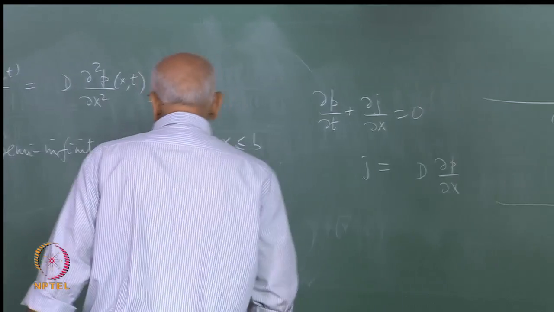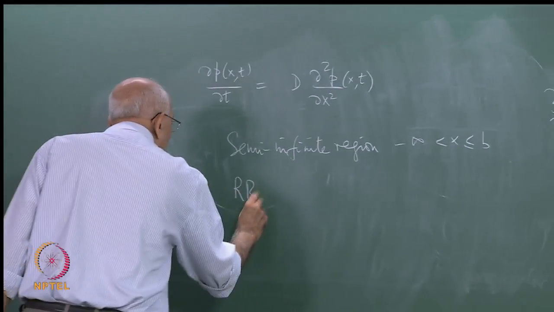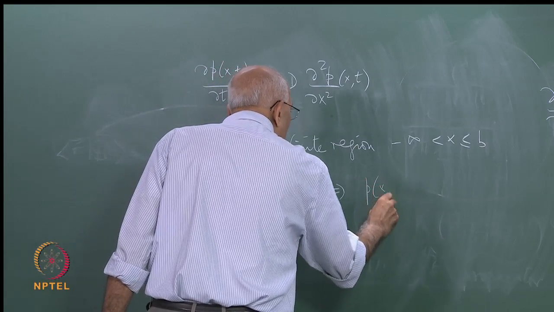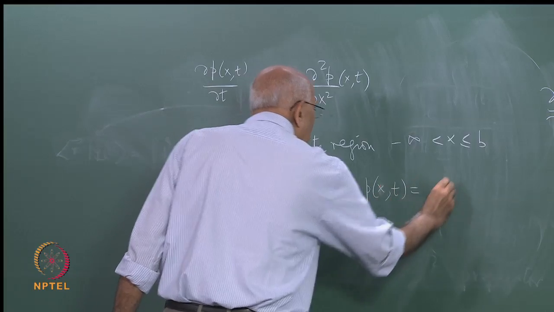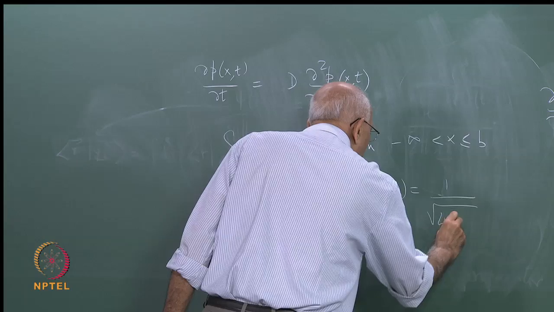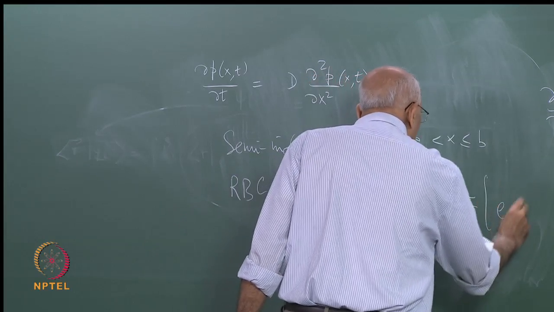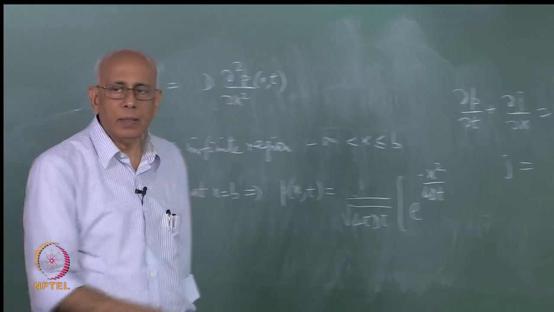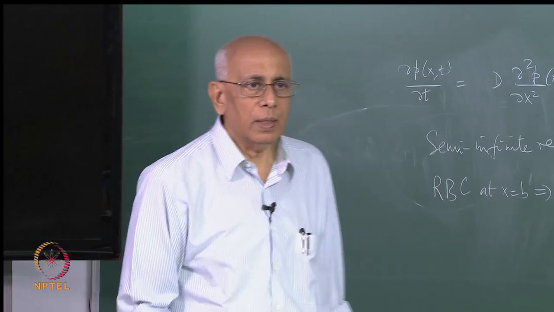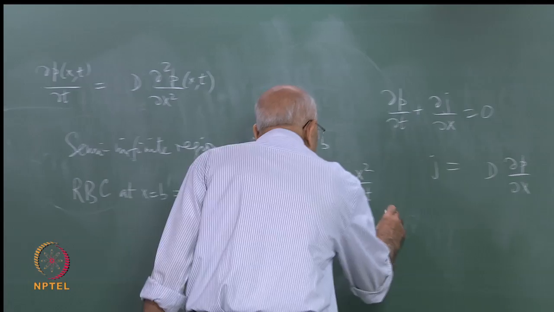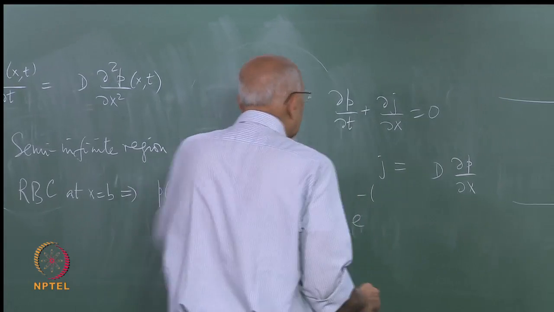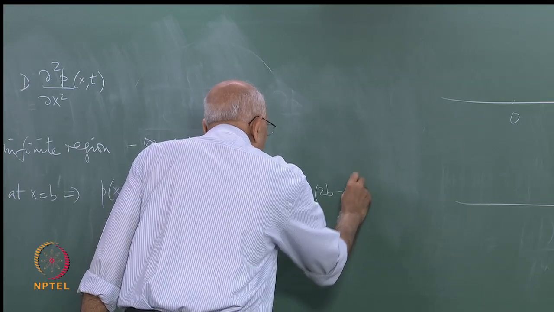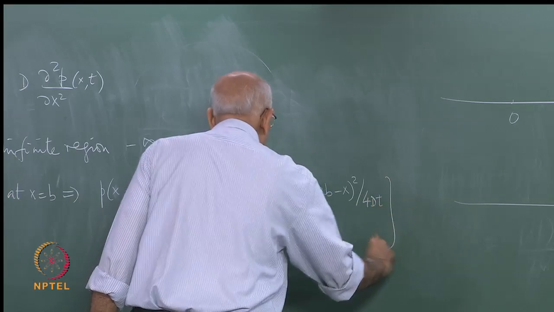Therefore I assert that reflecting boundary conditions (RBC) at x equal to B implies that P of x comma t equals 1 over square root of 4 pi Dt e to the power minus x squared over 4Dt, assuming, as I have done earlier, that the particle starts at x equal to 0 at t equal to 0, plus e to the minus the coordinate here, 2B minus x, whole squared over 4Dt, and that is it.